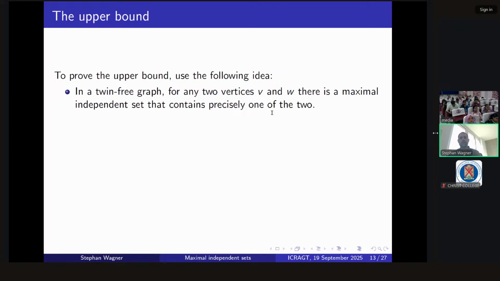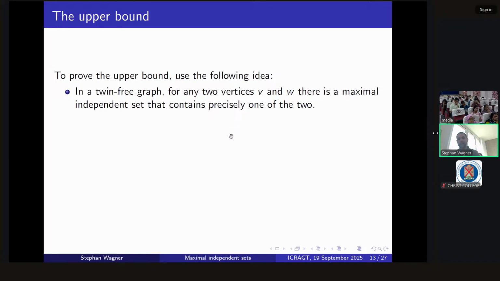Because I can find a vertex that's a neighbor of one of the 2 but not the other, otherwise they would be twins. Then I take this vertex, I include it, and of the 2 vertices v and w, include the one that's not a neighbor, and then I extend to a maximal independent set. What I get is a maximal independent set that contains one of the 2 vertices v and w but not the other.